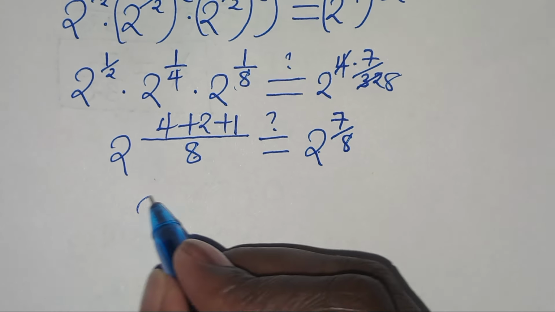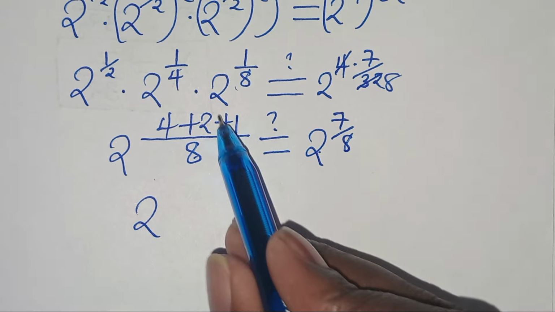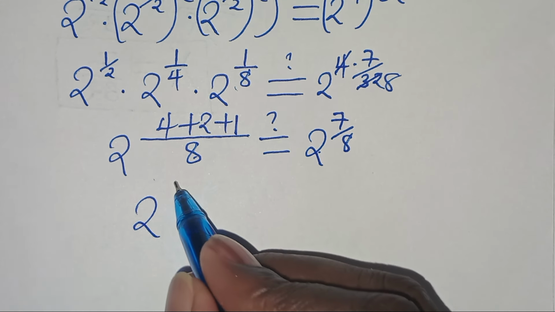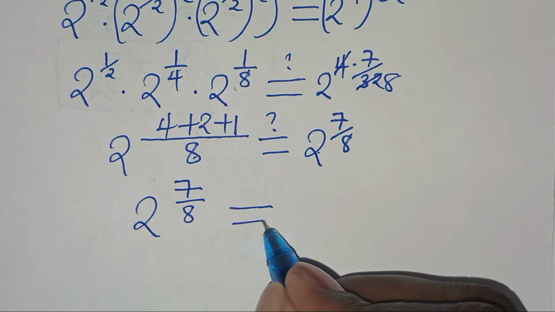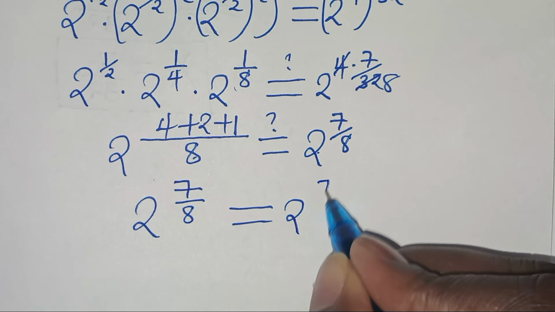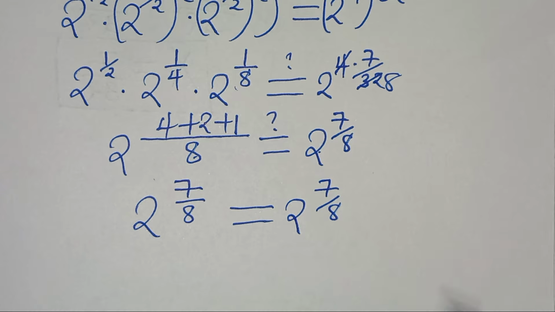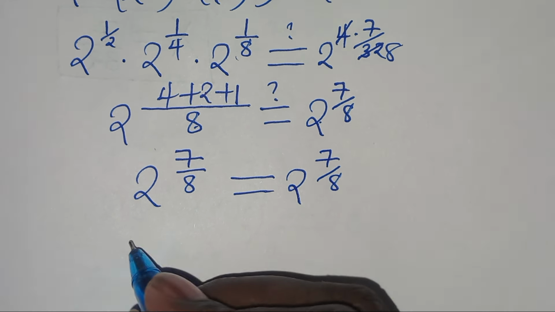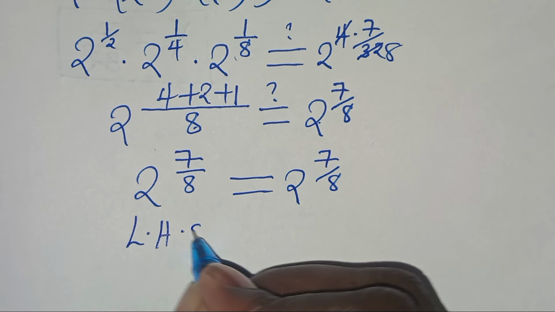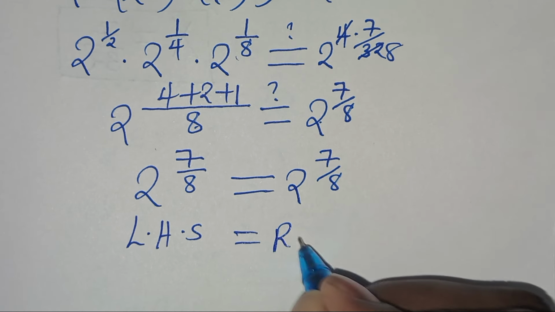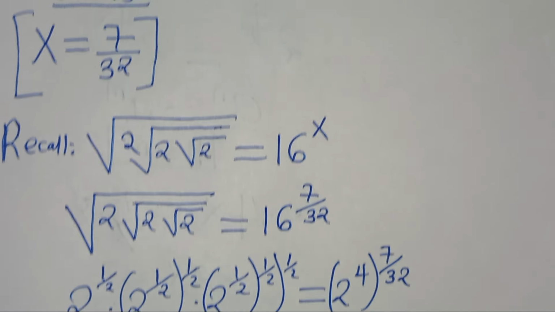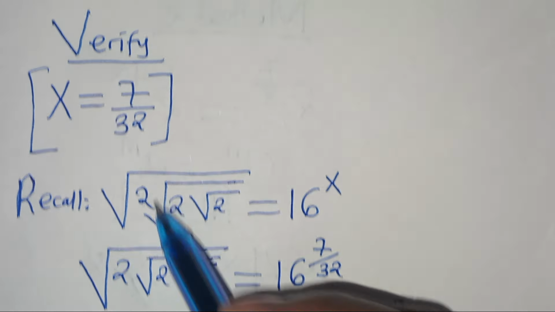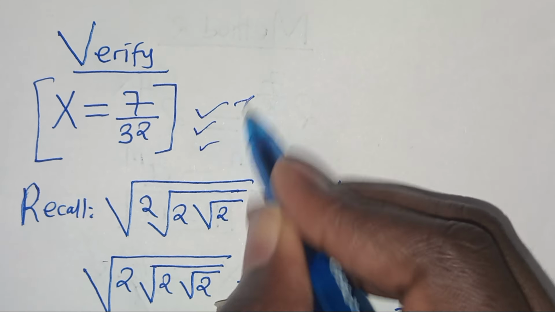Now we have 2 to the power of 4 plus 2, this is 6, plus 1, this is 7 over 8. And this is equal to 2 to the power of 7 over 8. And this implies that the left hand side is equal to the right hand side, so the value of x here, which is 7 over 32, satisfies the equation.